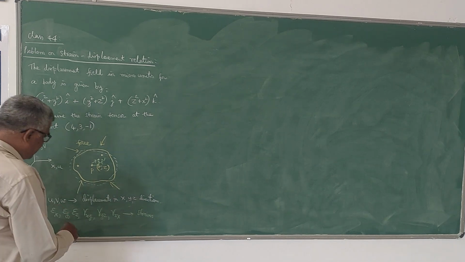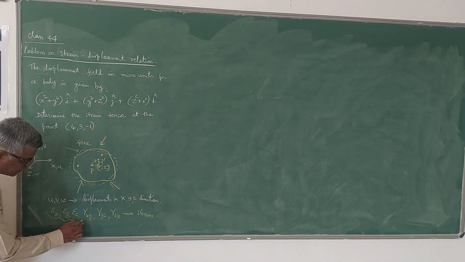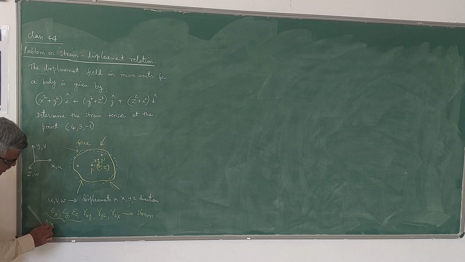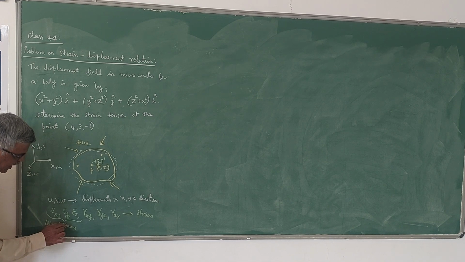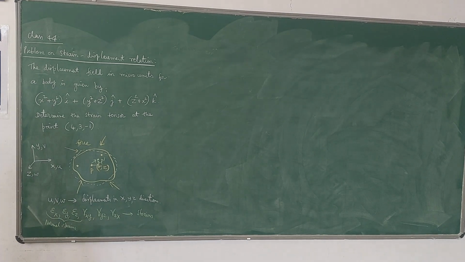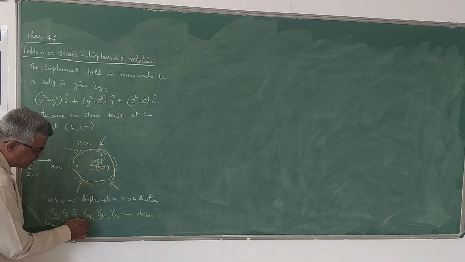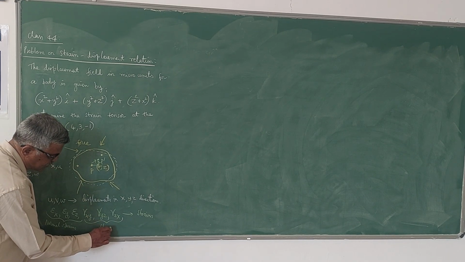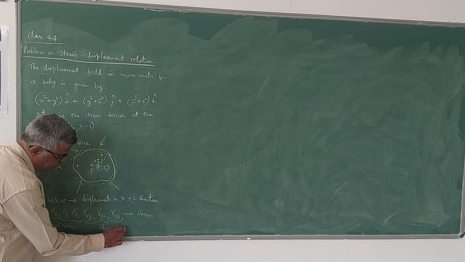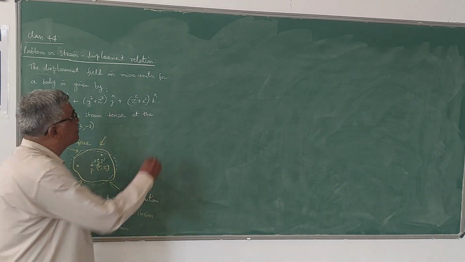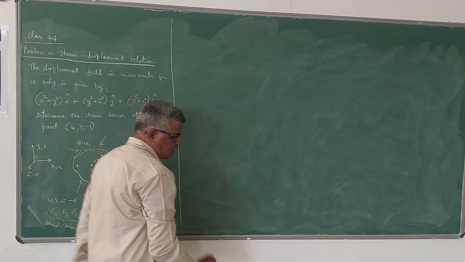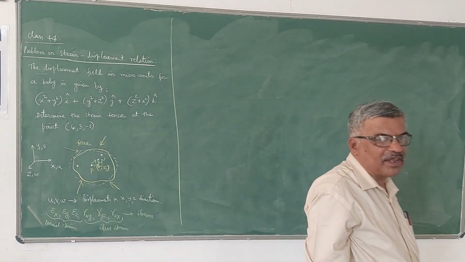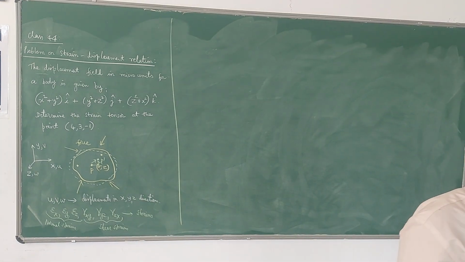Here, these epsilon x, epsilon y, epsilon z, they are called normal strains. Normal strains always act perpendicular to the area, just like normal stresses. And these gamma xy, gamma yz, gamma zx, they are called the shear strains or tangential strains. So it is similar to stresses. In stresses we call them sigma x, sigma y, sigma z.